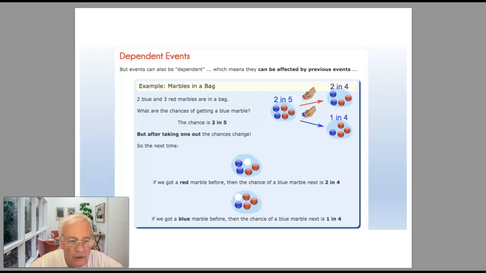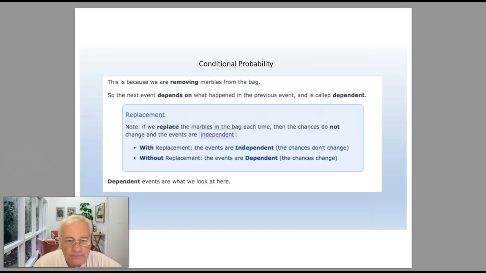If you picked a red one or a blue one, it changes the odds of picking a blue one the second time. It might be 2 out of 4, or it might be 1 out of 4, depending on if the first selection was a red or blue. This is because we're removing marbles from the bag, so the next event does depend on the previous one.